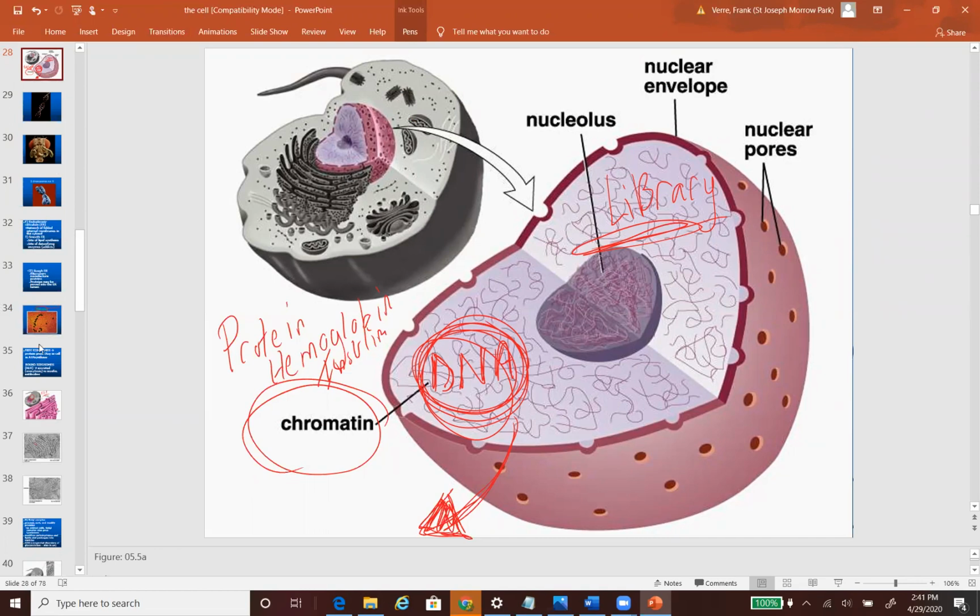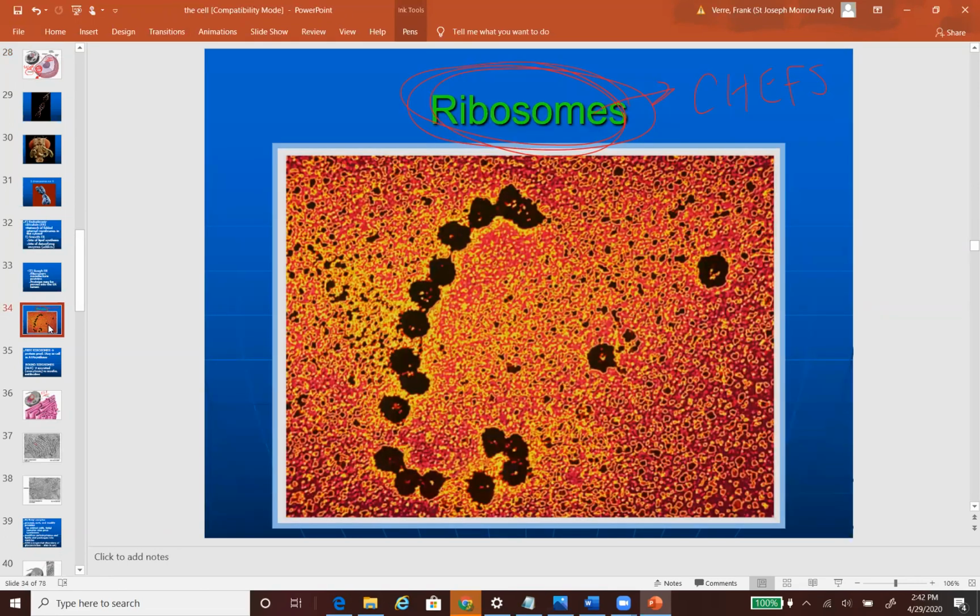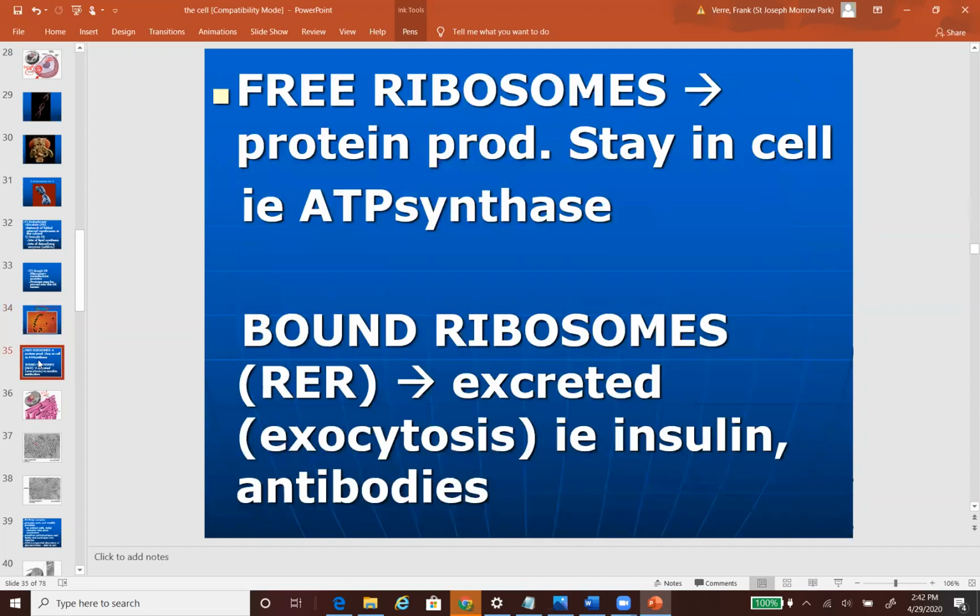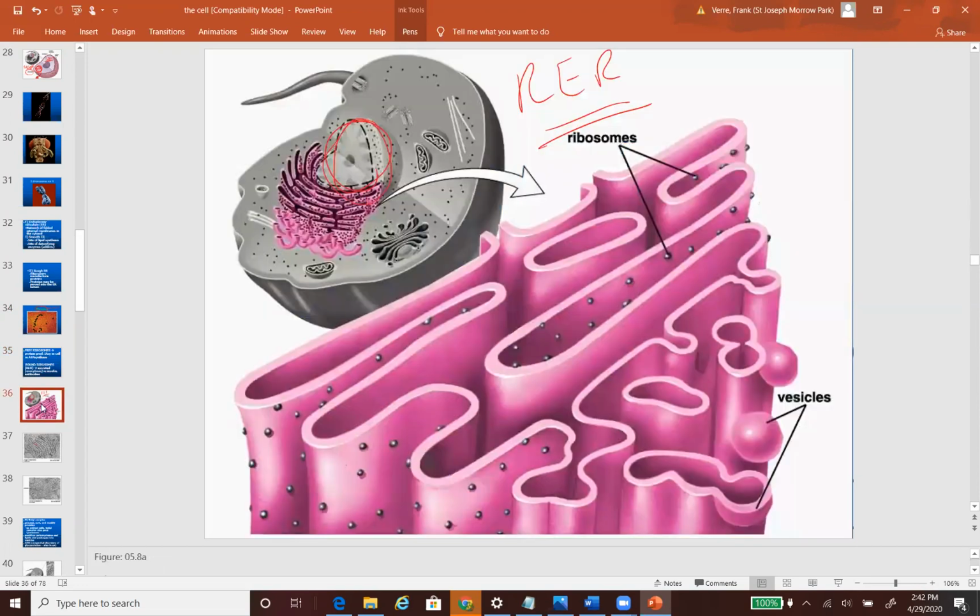That information is instructions on how to make, not a pizza, but proteins. And where it goes is to these chefs, these little ribosomes. They read the recipe and make that recipe into some sort of a protein, like hemoglobin or insulin, two examples I've been using. Now, the ribosomes can be either free, which means they're literally just floating around the cell, or they could be bound, attached.